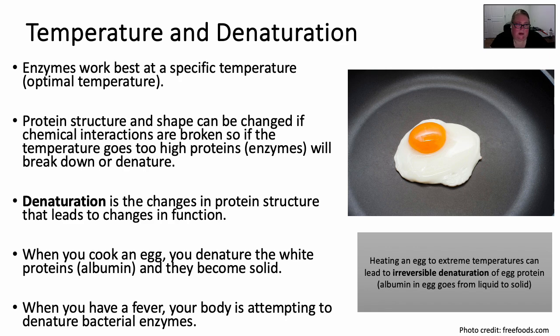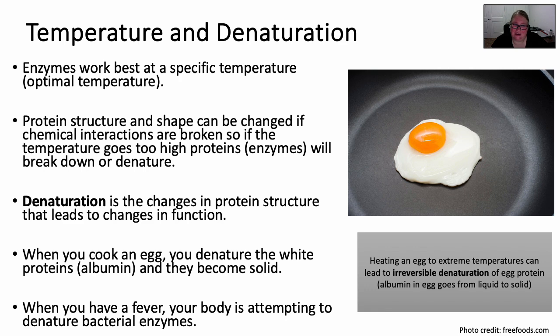Okay, so let's talk about enzymes. Enzymes, like all proteins, work best at a specific temperature. We call this the optimal temperature. Because shape denotes function, if we change the shape of the protein, we can make it either have a new function or become broken and not function at all. One of the ways that we can change the shape of a protein is to heat it up.